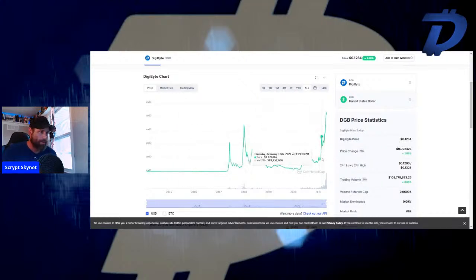Now, this move right here that we had all year long looks nothing like these first two moves. DigiByte had this parabolic gain, then sold off, consolidated, and went to a bottom.